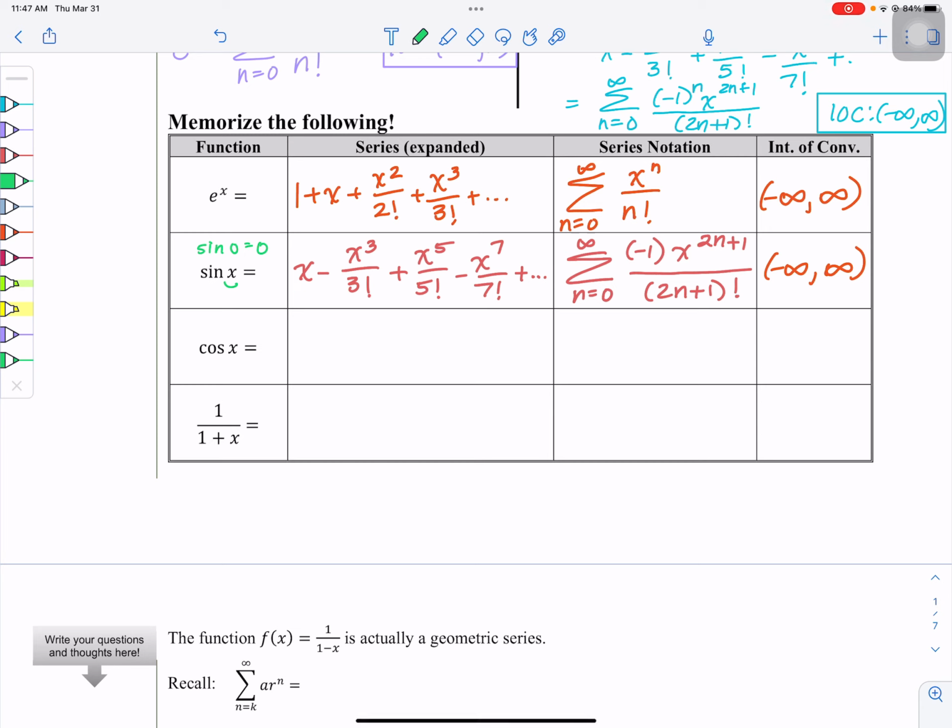Also, the sine is an odd function, and all exponents are odd. And that's the same for the cosine, of course.